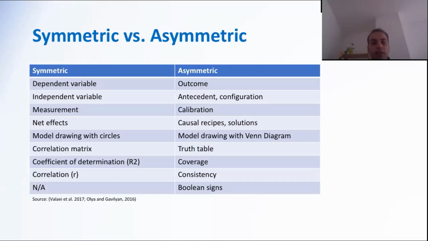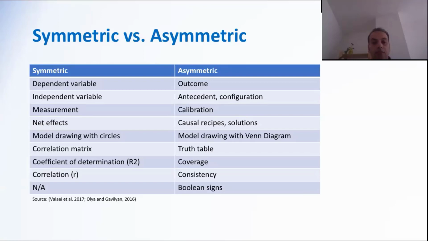And in symmetric analysis, you're familiar with the model drawing, which is with circles and ovals in structural equation modeling. But in asymmetric analysis, these drawings are with Venn diagrams. And in symmetric methods, we have correlation matrix, but in asymmetric, we have truth tables.